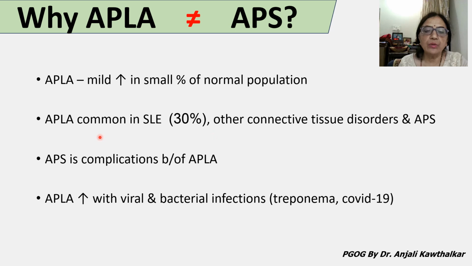So it is not specific only for antiphospholipid syndrome. Antiphospholipid syndrome, we can consider as a complication because of these antiphospholipid antibodies. And aPL rise is seen with some viral or bacterial infections such as Treponema pallidum, syphilis, or even viral infections including COVID-19.